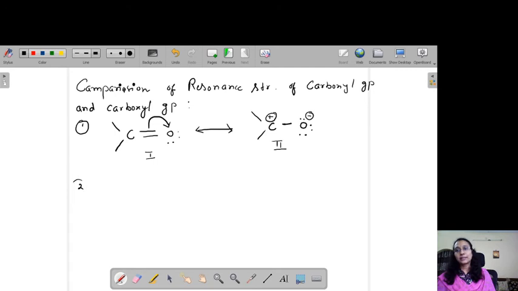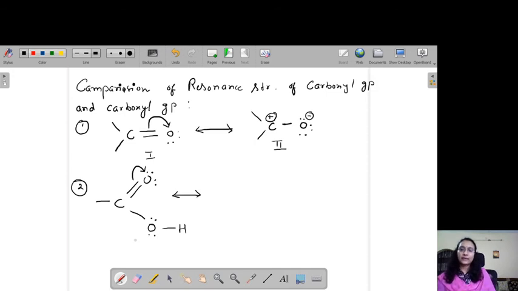Okay. And the second point I said is of carboxyl group. How are we writing the carboxyl group? We can write carbon double bond oxygen, carbon single bond oxygen, which is linked to hydrogen. Okay. So to explain the resonance, we need to show the lone pairs of electrons over oxygen.